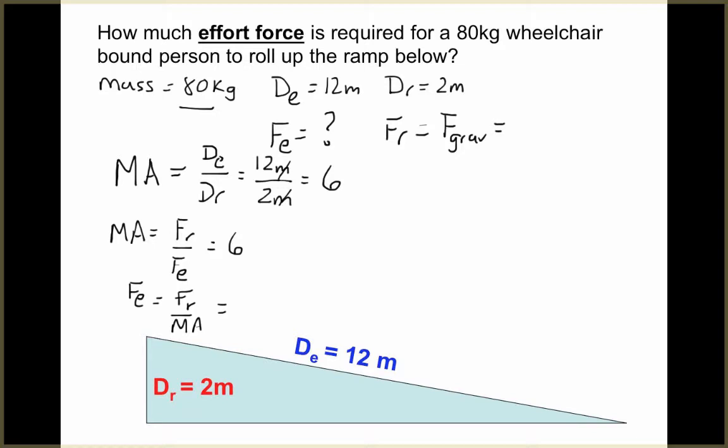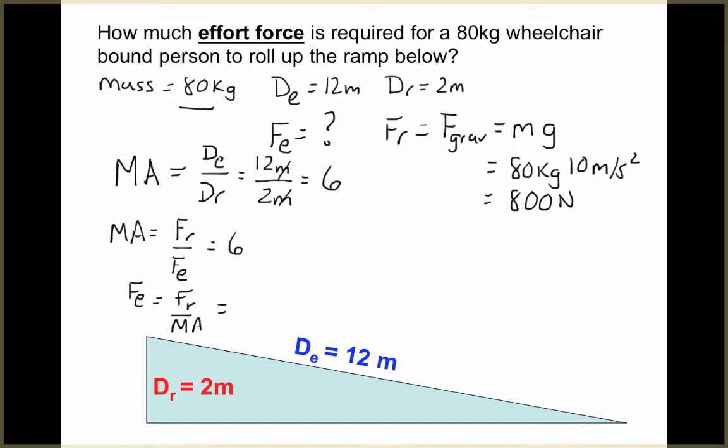I know that the force of gravity is mass times the acceleration due to gravity. So my mass is 80 kilograms here, and the acceleration due to gravity is approximately 10 meters per second squared. So I get the force resistance, or the force due to gravity, against this wheelchair-bound person at 800 newtons.